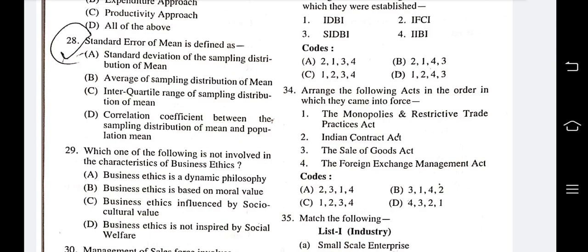Here the Indian Contract Act is from the year 1872, Sale of Goods Act 1930, FEMA 1999, MRTP Act 1970. So first is Indian Contract Act, then Sale of Goods Act, then MRTP Act, then FEMA. Answer A.